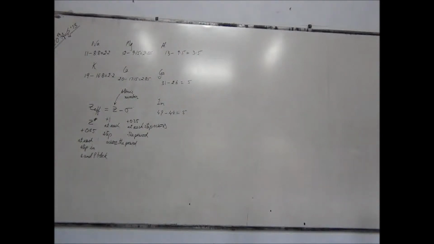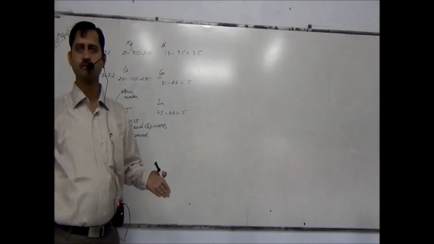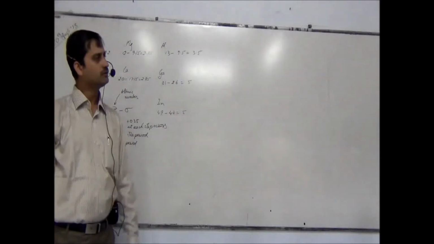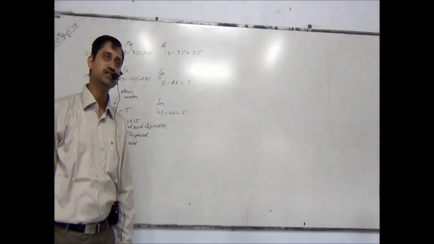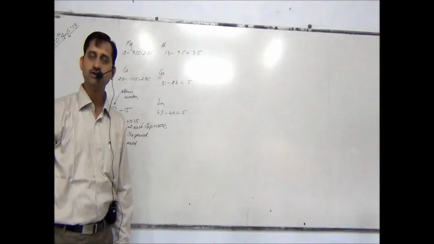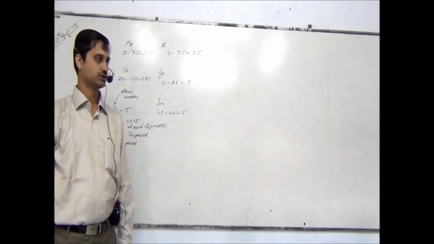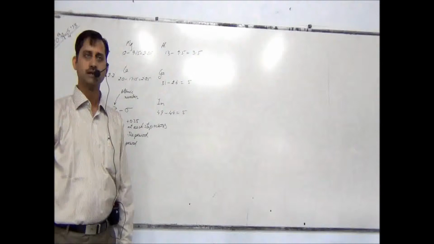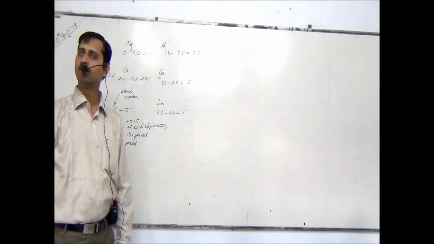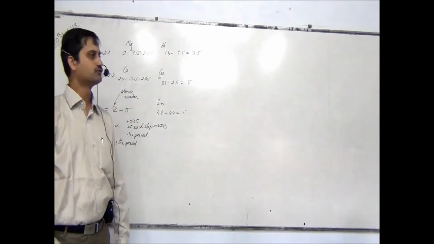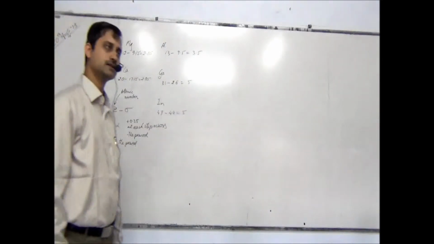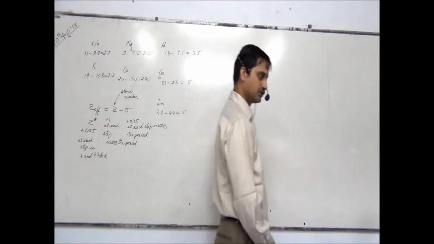Second, let us say we want to remove the electron from the atom. To remove the electron from the atom, energy needs to be provided. This energy is called ionization energy. The energy required to remove the most loosely bound electron from the outermost shell of a neutral gaseous isolated atom is called ionization energy.